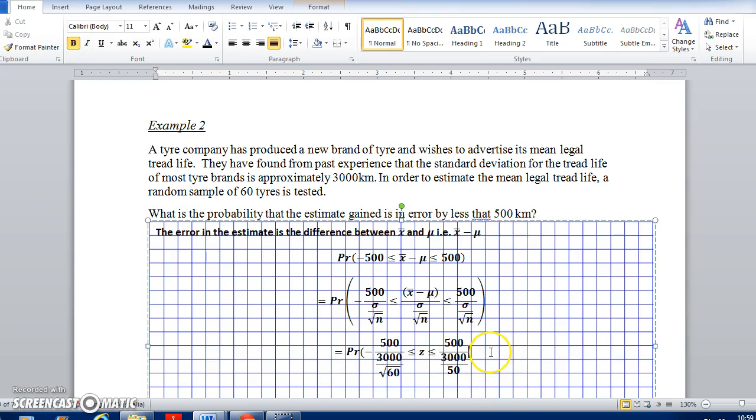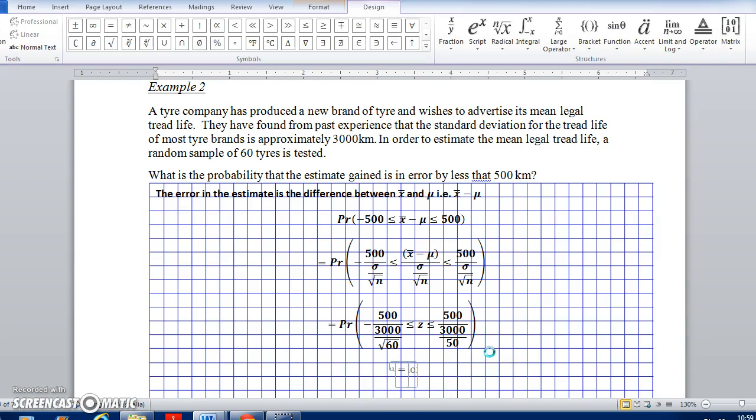So in this way, using this rather neat trick, we've changed it to now be working in Z variables. So that's just simply the probability that the Z variable is between minus the square root of 60 divided by 6, and we're now working in Z, not X, and up to positive 60 on 6.